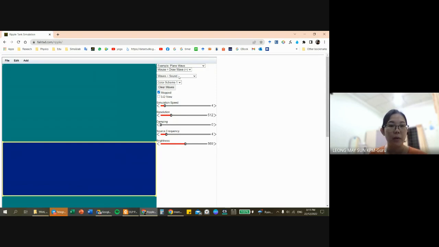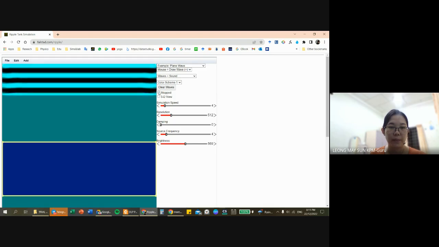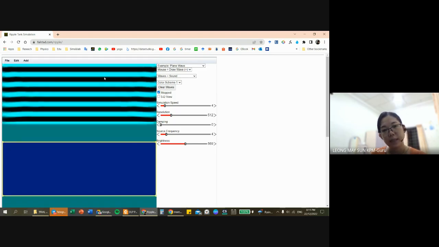One is the green colour one, the other one is the blue colour one. When I start the wave, you can see that between the crests, the bright fringes, that is your wavelength. Between the bright fringes, that is the wavelength.